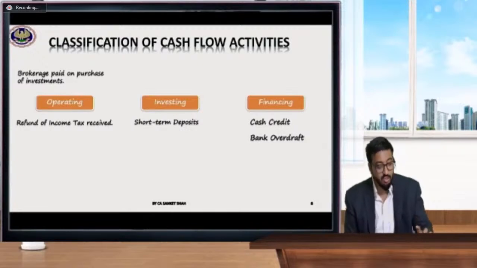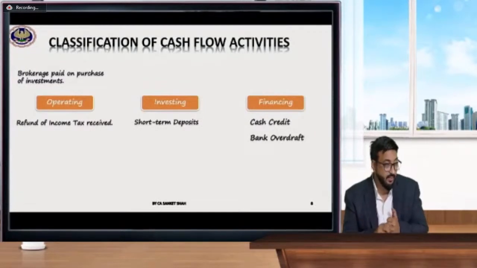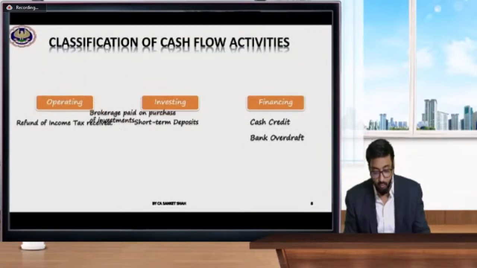This time Chandwani ji answered it, beta. The answer is investing activity. See the root. The root is you are doing investment, and on that you are paying brokerage. So the root is investing activity, and therefore brokerage is also investing activity, and it is your outflow.